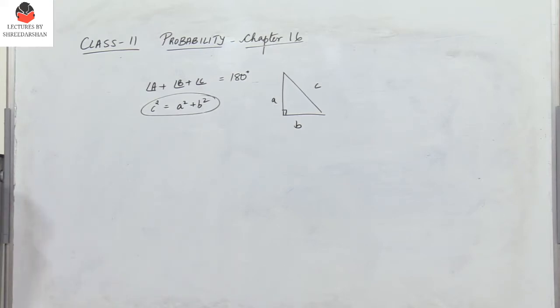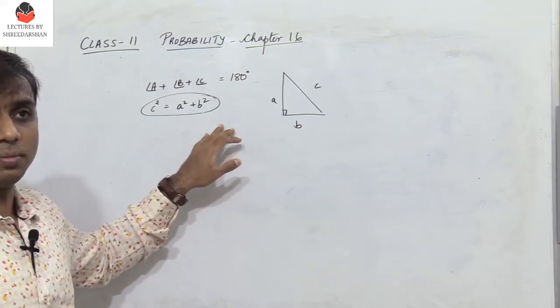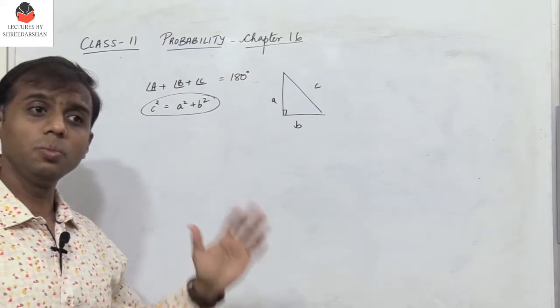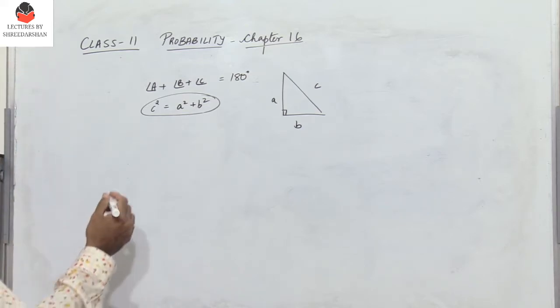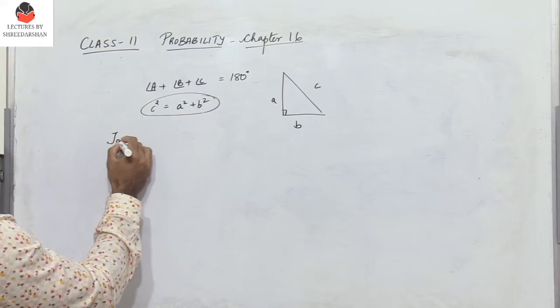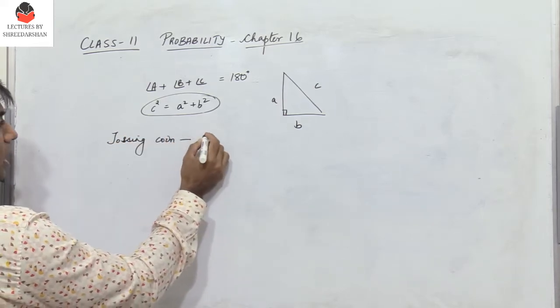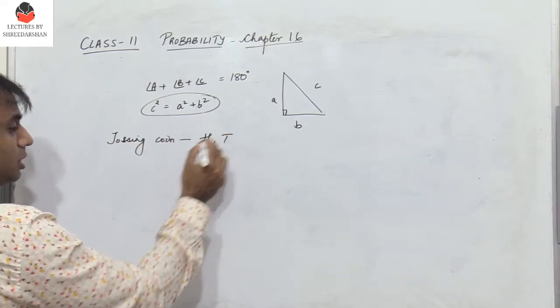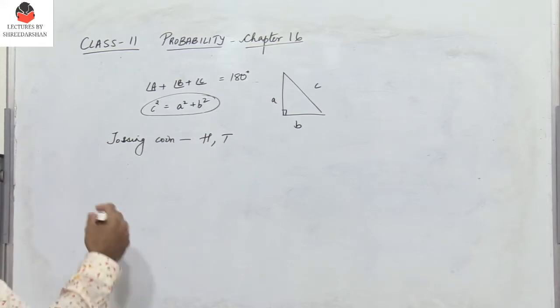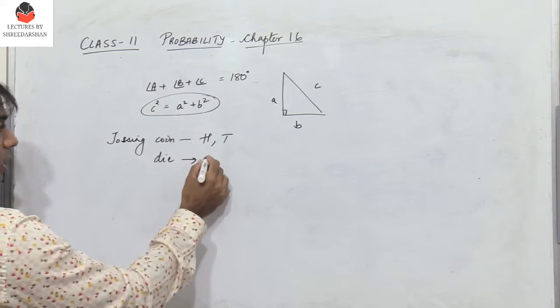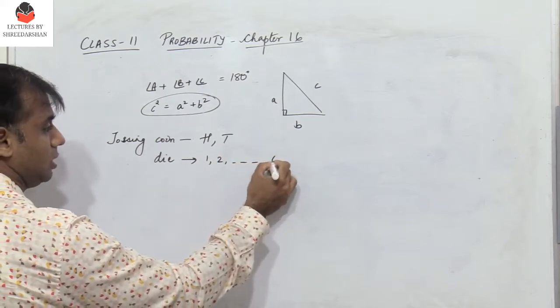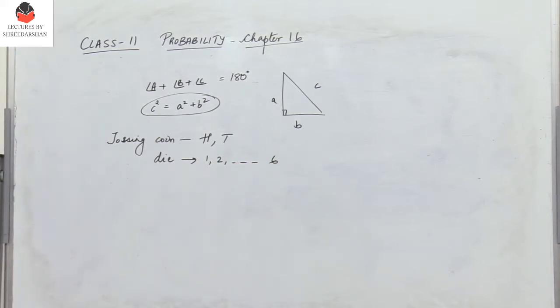So certain experiments have fixed results, but in most cases the outcome is not fixed. For example, I already told you, tossing of a coin. We have an outcome which can be head or tail, but it is not fixed. Or a die. When you throw a die, you are not really sure whether you would get 1, 2, 3, 4, 5 or 6.